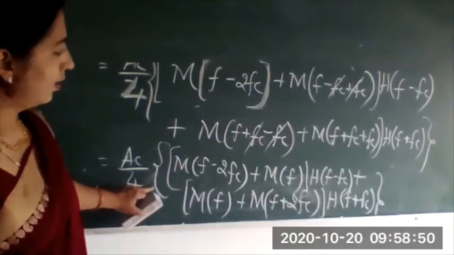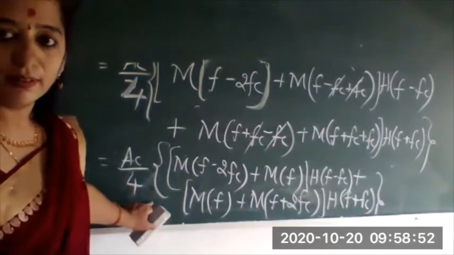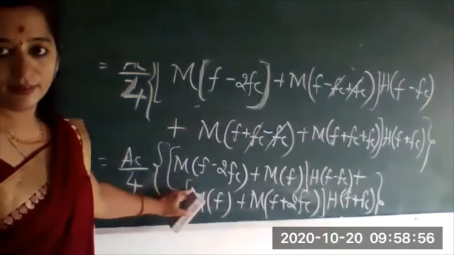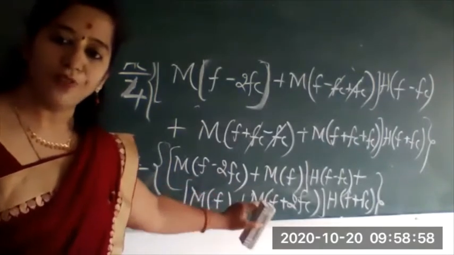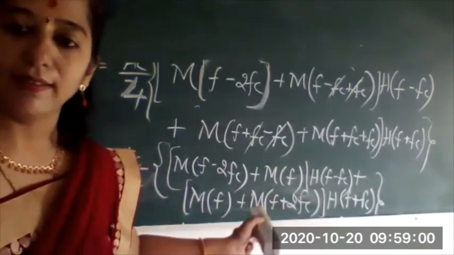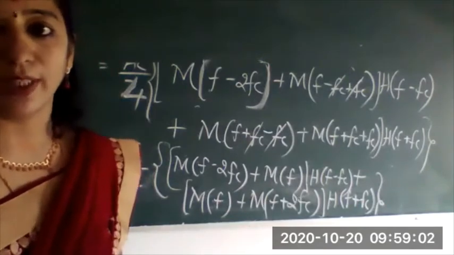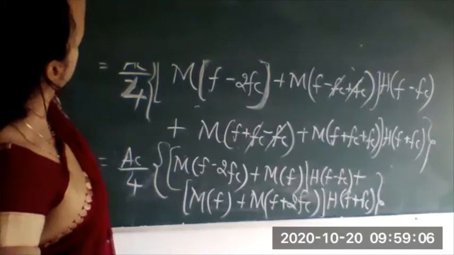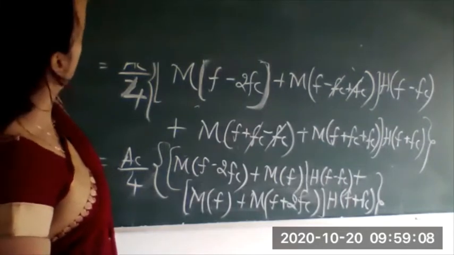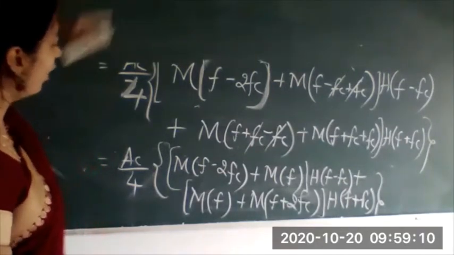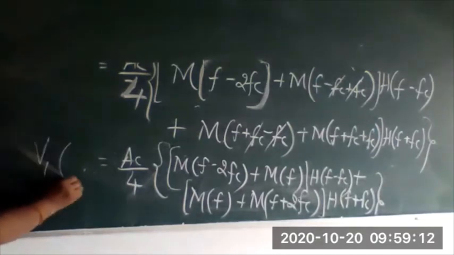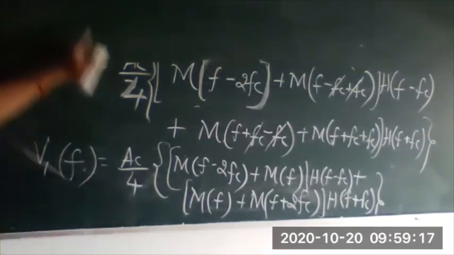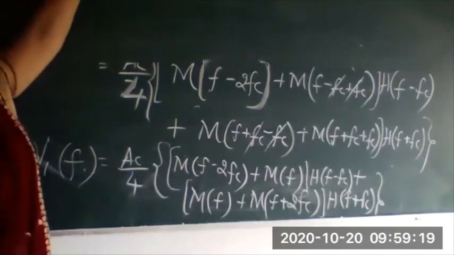Now, this equation, I am going to write it in such a way that I'll write all the low frequency terms together and higher frequency terms together. Why do we do it? For the simple reason that all we are writing is V1(f). Please remember, whatever we have written is V1(f), this signal.